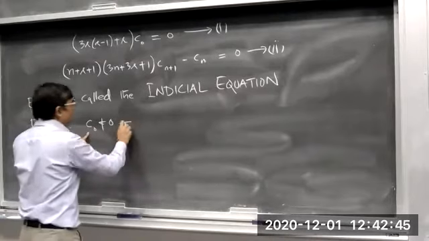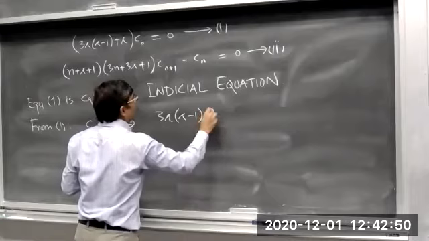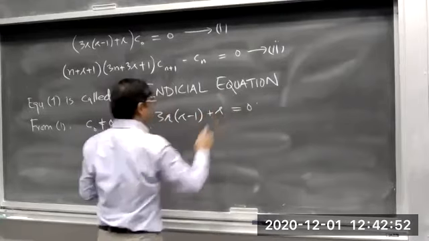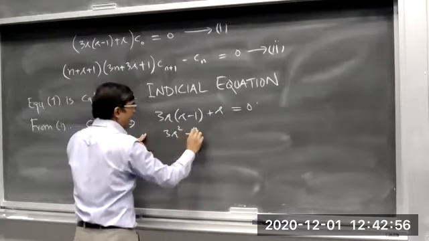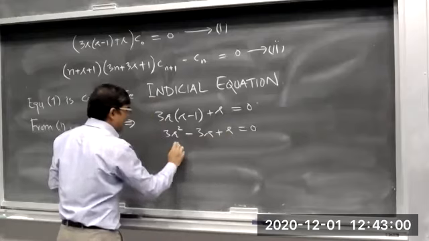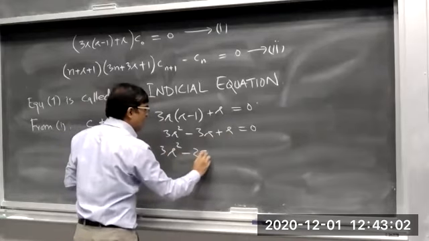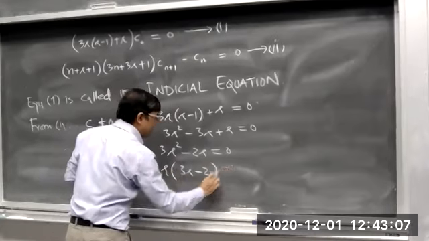If C naught is not equal to 0, then we must have 3r into r minus 1 plus r equal to 0. We can simplify it as 3r square minus 3r plus r equal to 0, and 3r square minus 2r is equal to 0, and r into 3r minus 2 is equal to 0.